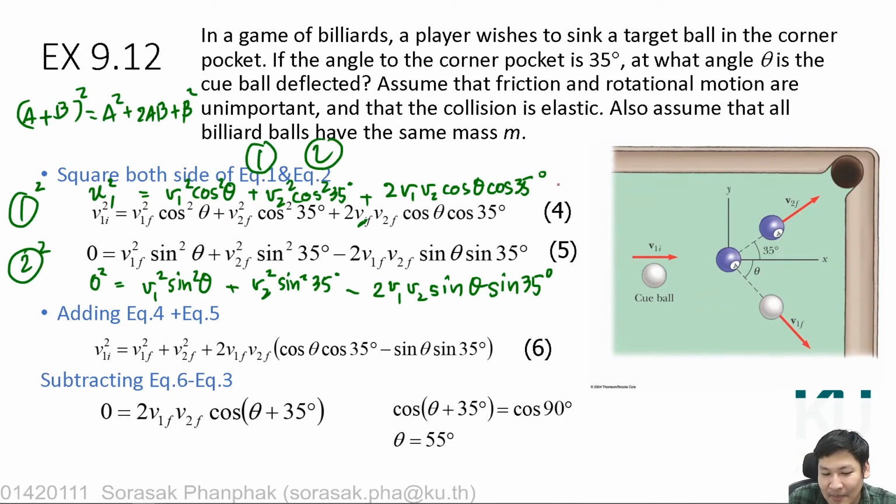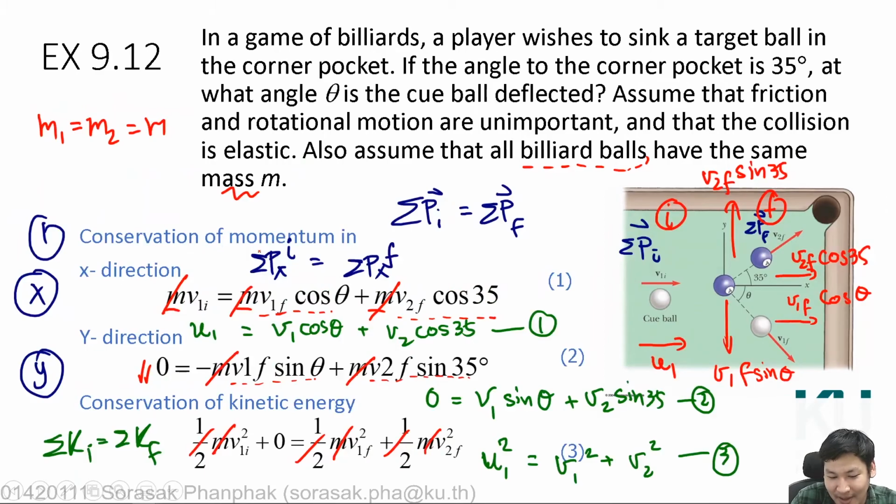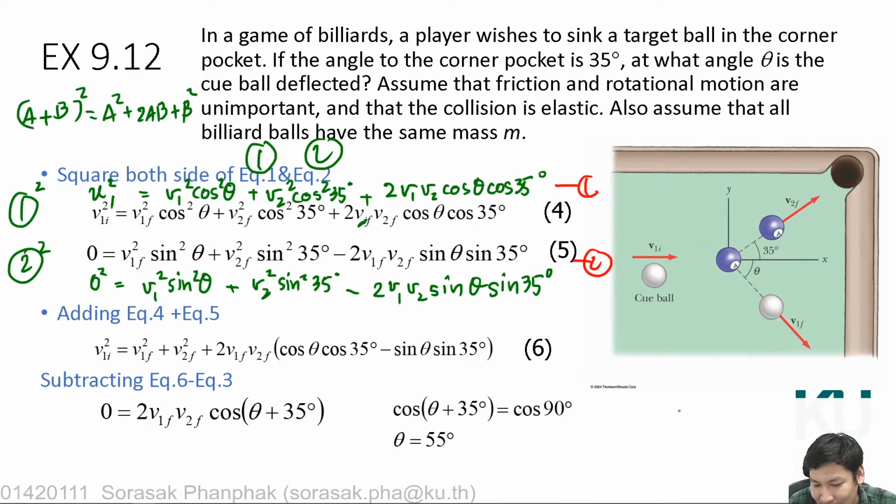Now, with these two equations, you sum them up and compare with the third one, because you have u1 square equal to v1 square plus v2 square.